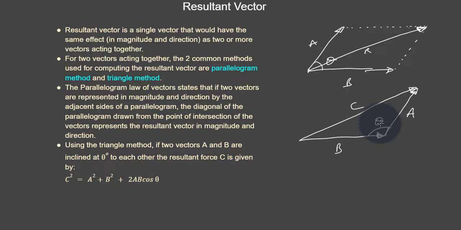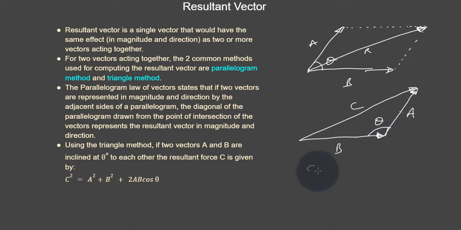The angle could be anything. So the question now is how do we calculate C? You can calculate C using the cosine rule. There is this cosine rule that can help you compute this length, given you know these two sides and the angle between them.